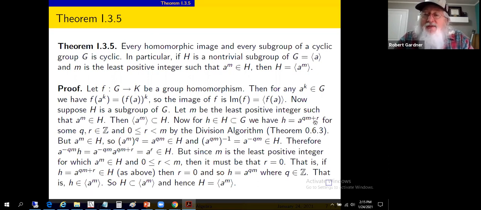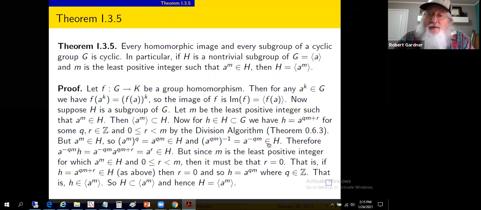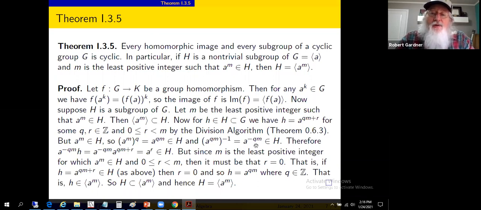A to the QM plus R, that's an element of subgroup H. A to the QM inverse is also in H. So we can take that h, multiply it by this element of subgroup H, A to the negative QM. h itself was of this form. Add exponents, we get A to the R. So A to the R must be in H.